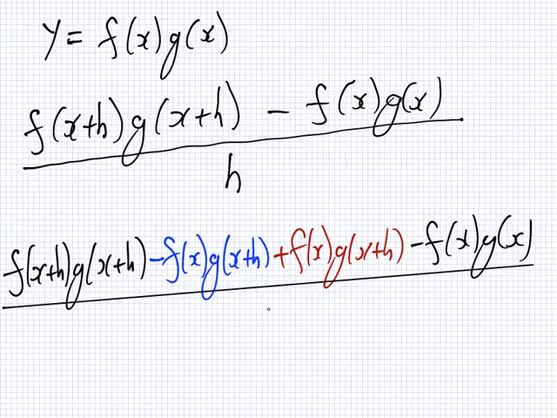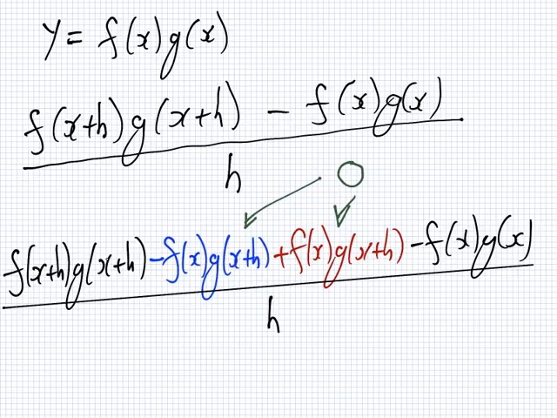Okay, so I'll pause for a minute there. What I've done is I've added and subtracted the same thing in the middle. So together these two make 0, because one is positive, one is negative, and they cancel. So it doesn't change the value on the top.